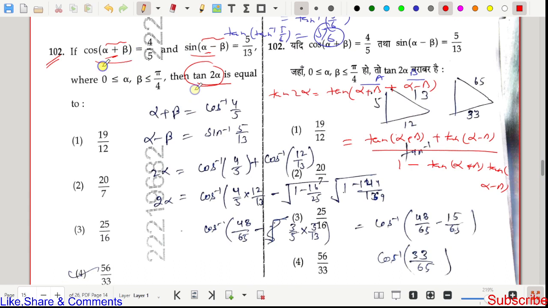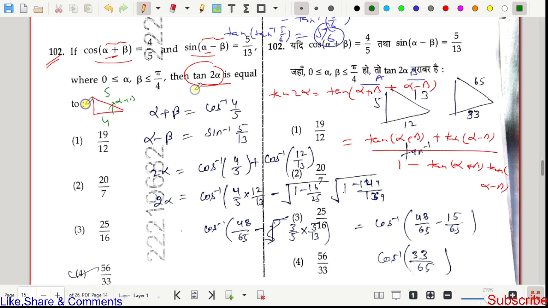Okay, so we can find the sine value, sine of alpha plus beta, then we can do it. So we'll use the triangle method, then it will be quite easy. How? We are doing the triangle. Suppose this is your alpha plus beta angle, this is cos, meaning base by hypotenuse, base is 4, hypotenuse 5.